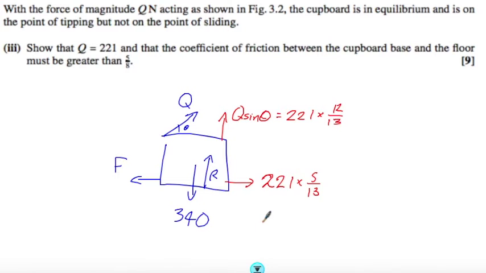That's 221 times 12/13 going up. So we know that 340 has got to equal R plus 204. So R is 136 newtons.